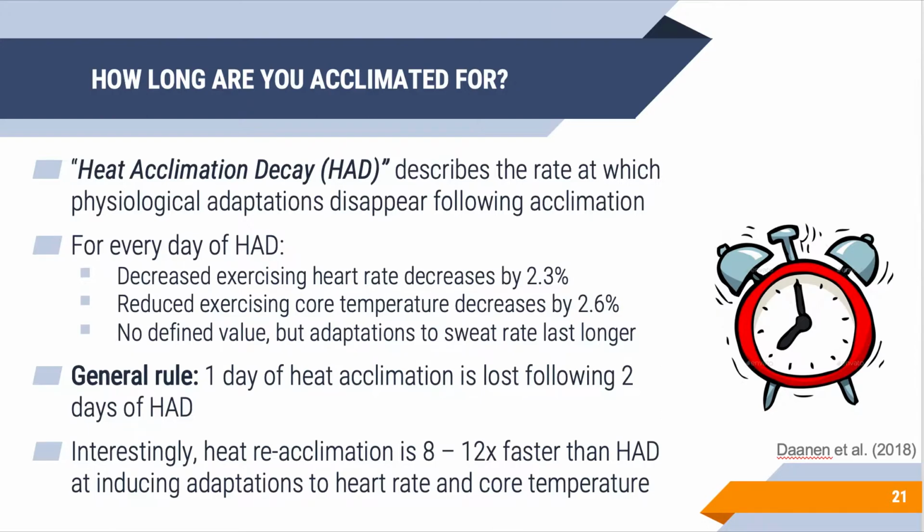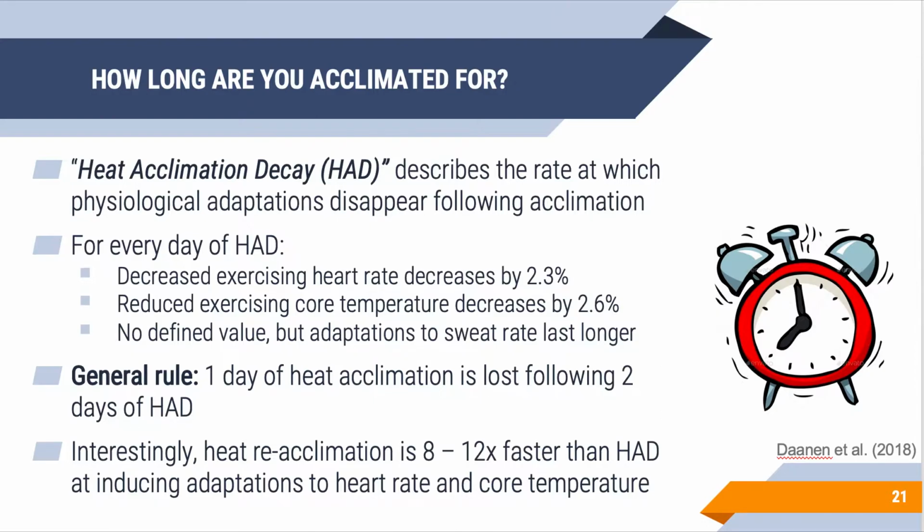We also see an adaptation is that there's a reduced exercising core temperature. That disappears at 2.6% per each day of not heat acclimating. And there's no defined value, but research has shown that the adaptations to sweat rate seem to last longer than these other adaptations like heart rate and core temperature.